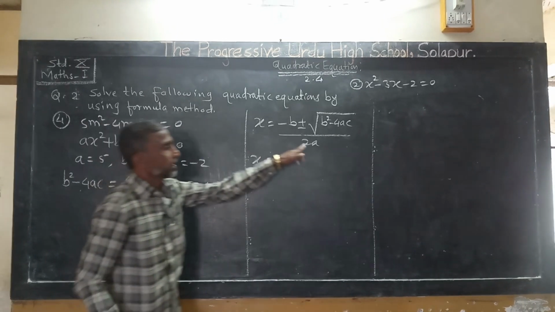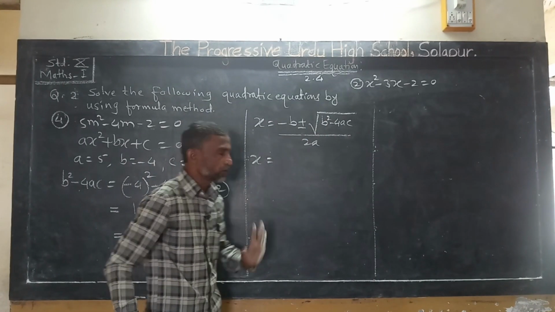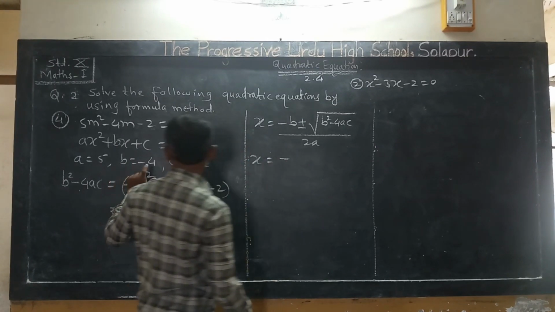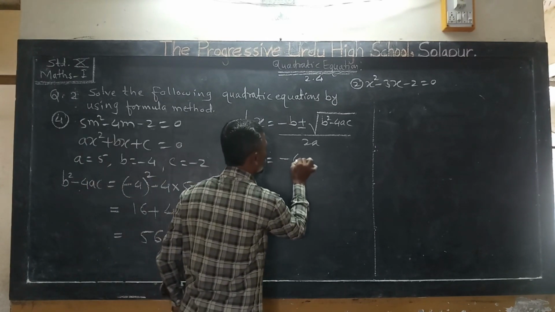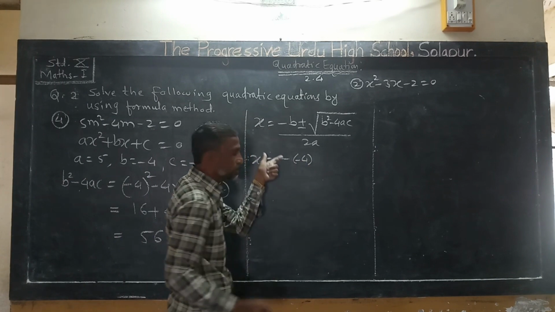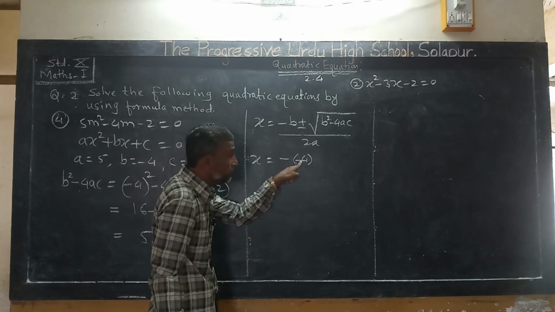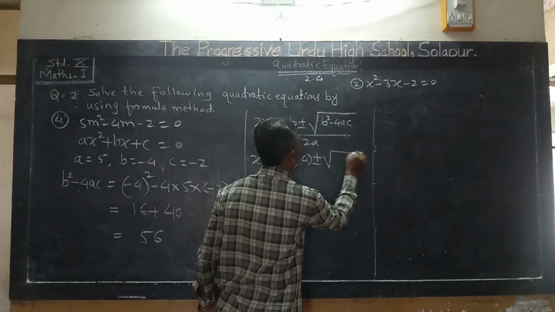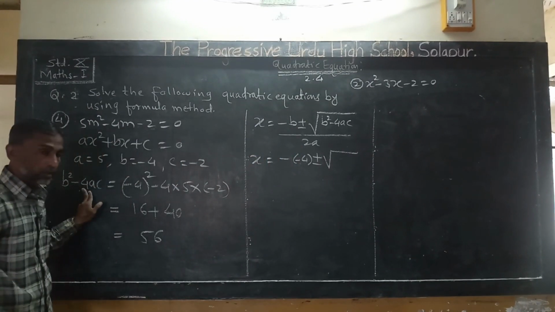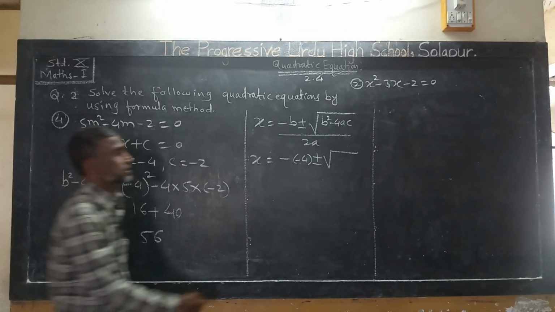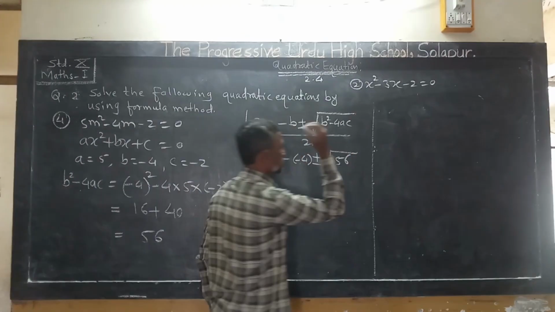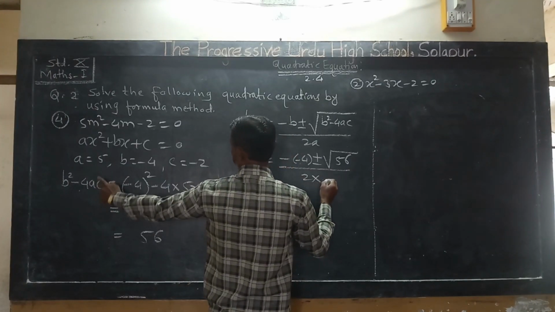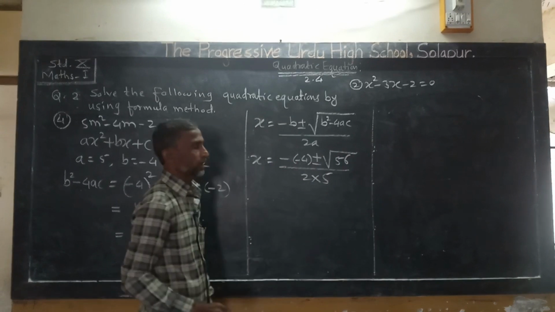Minus as it is, b is minus 4, write it into bracket, plus minus under root, value of b square minus 4ac is 56, upon 2a, 2 into a is 5.